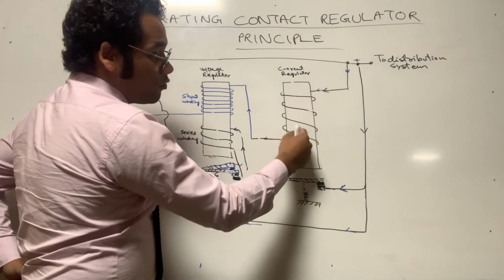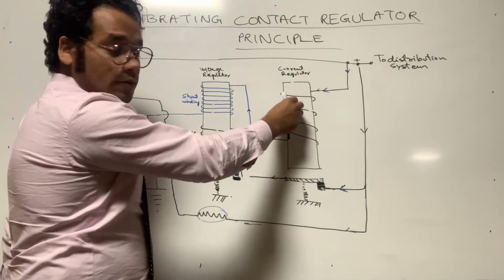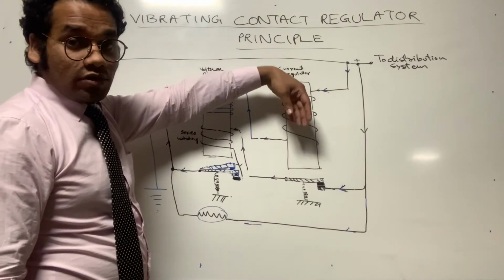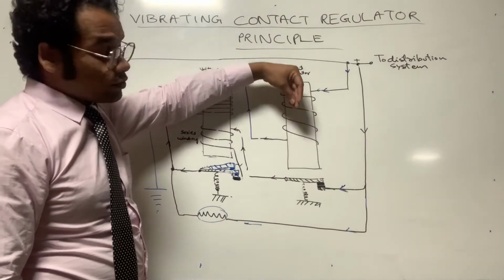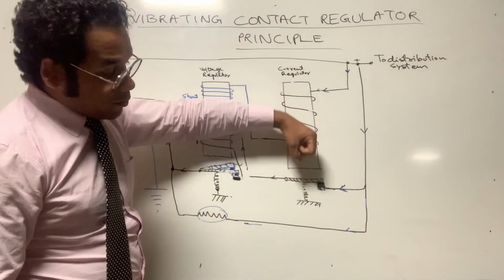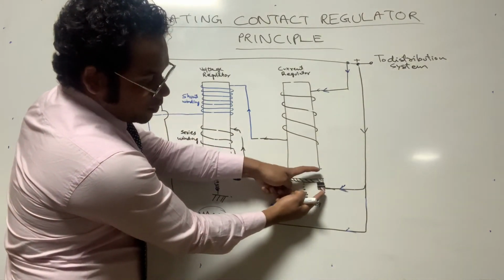When the current flow is more in this coil, the magnetic field produced will be more, and hence it will develop a stronger electromagnetic force which will pull this armature upwards, and hence these two contacts will open.